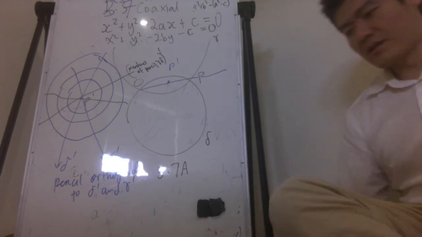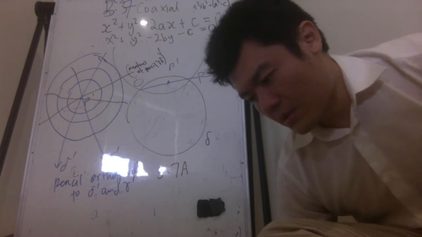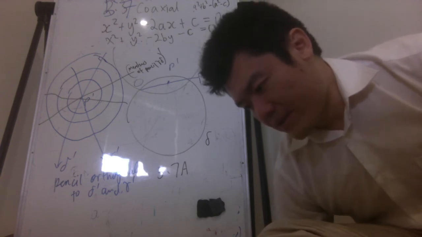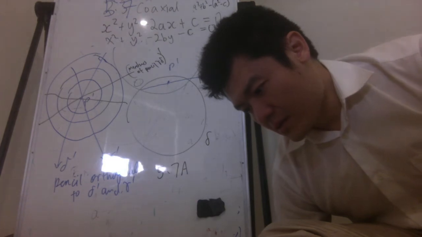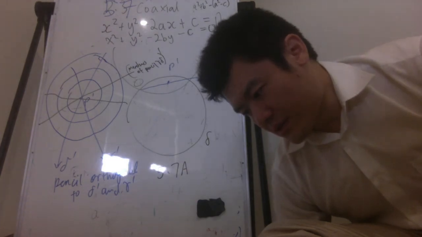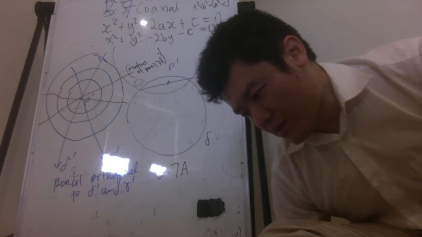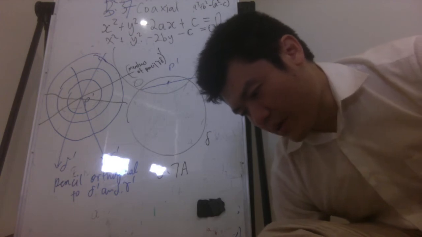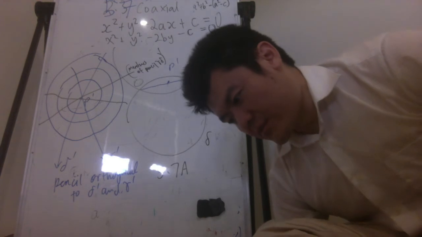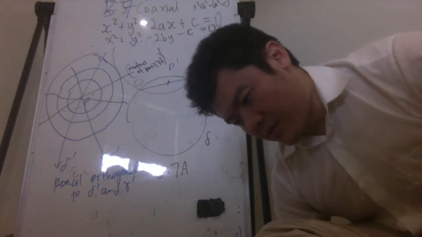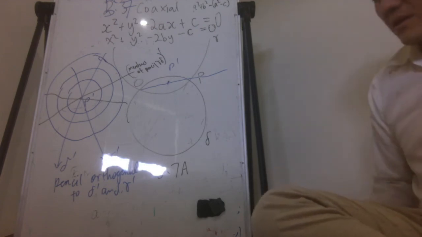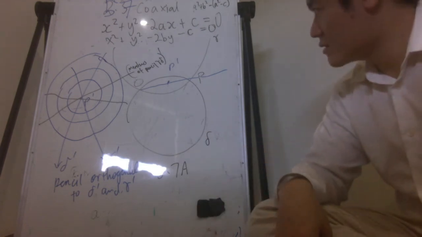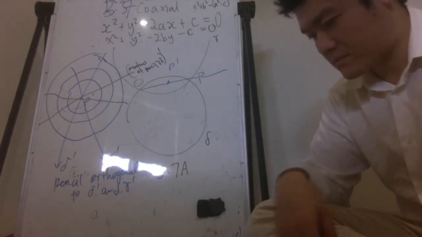Alright, what's the next claim? The circles orthogonal to these lines are a pencil of concentric circles, A' and B', yeah? The same figure can be derived for any two non-intersecting circles, alpha and beta. So this is where this diagram comes in.